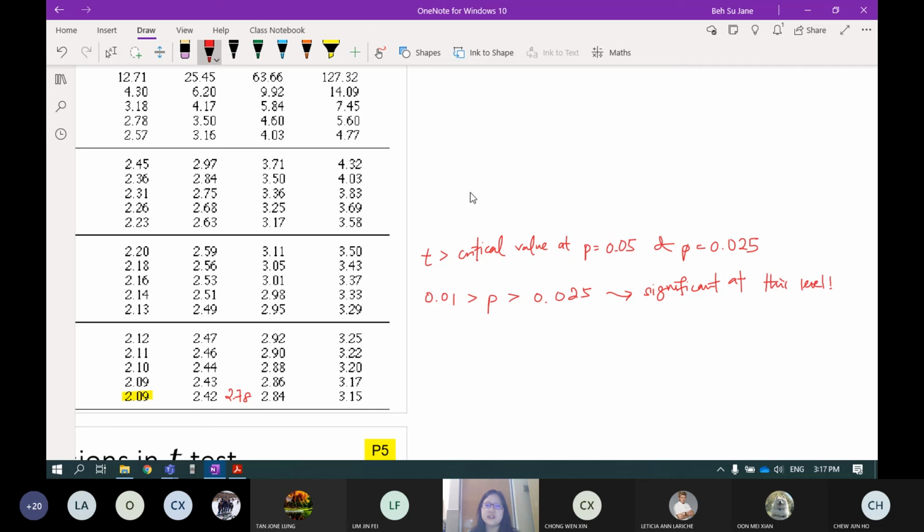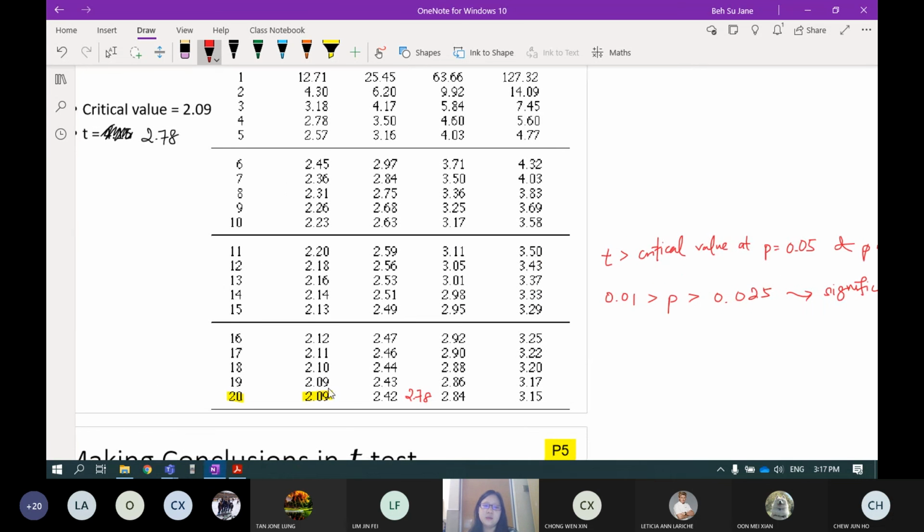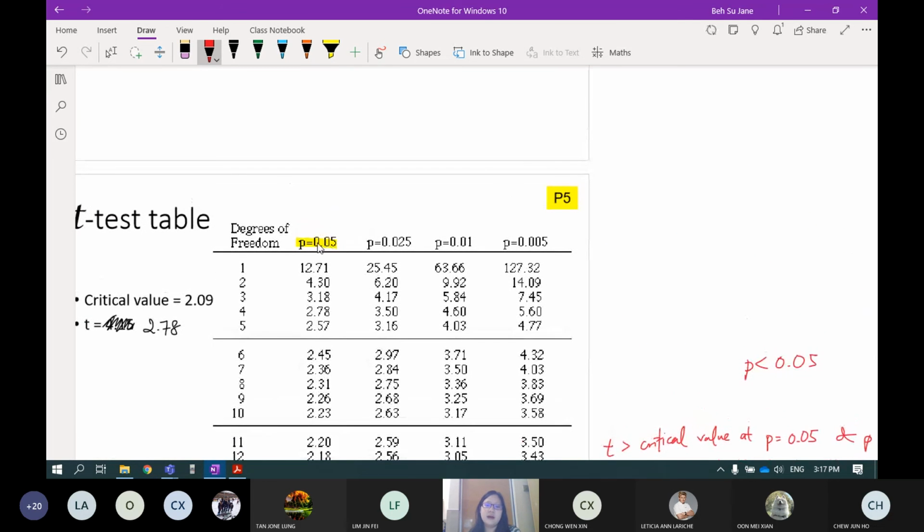Usually if it's bigger than the critical value only, so if the value is just in between this, let's put it as x, then we say this number is significant at this level, or sometimes you even put p less than 0.05. Why less than? Because if you read the numbers, they're all decreasing this way. So if you're here, that means you're less than 0.05.